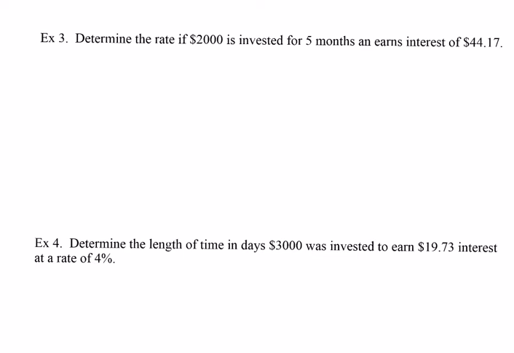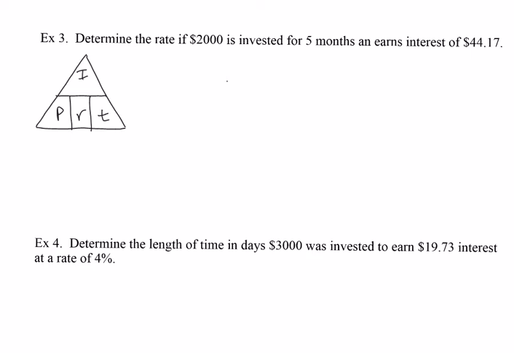Example number 3 says, determine the rate of interest if $2,000 is invested for 5 months. Here's how we rearrange it. You're going to write the following triangle. So we have I equals PRT.